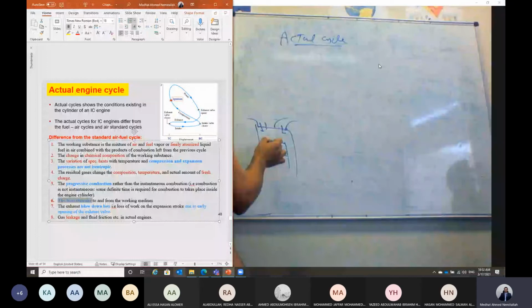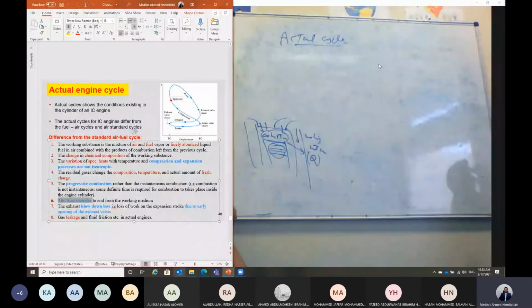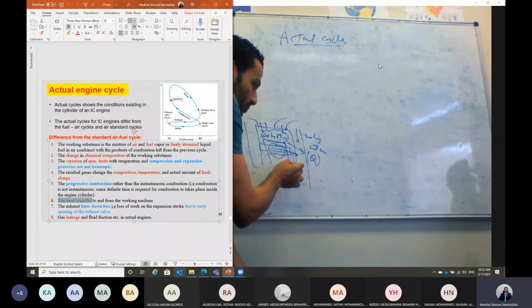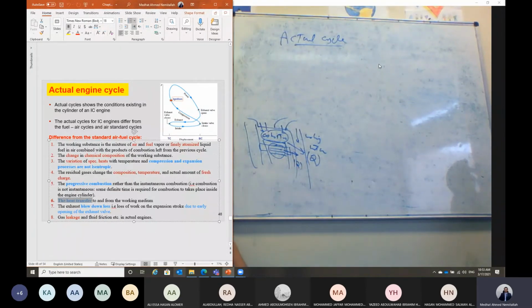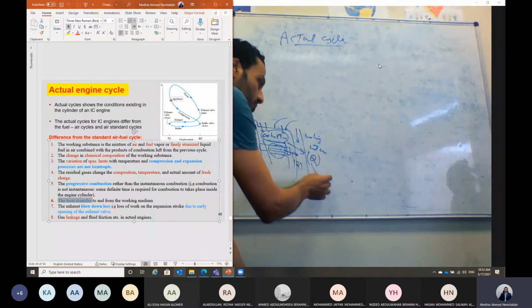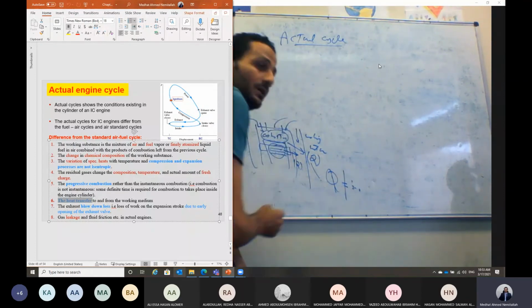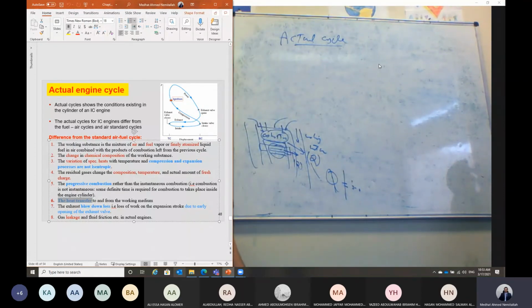So for the real cycle, some heat will be lost to the cooling water, and also some heat will be absorbed by the cylinder head here. And through this cylinder head, we have the oil ring and the pressure ring, especially the oil ring. It will transfer part of this heat also to the oil, the lubricating oil. So the engine in this case is not adiabatic. So the assumption that the heat transfer is equal to 0 does not apply in the real case.